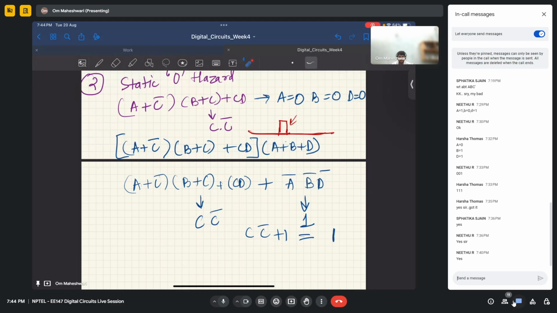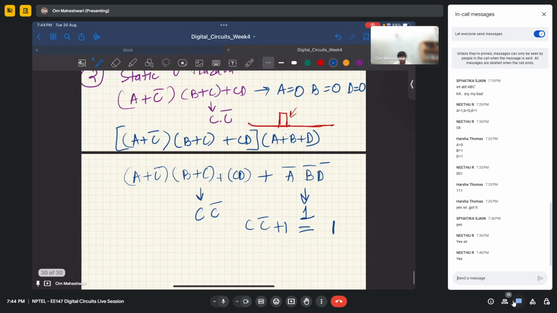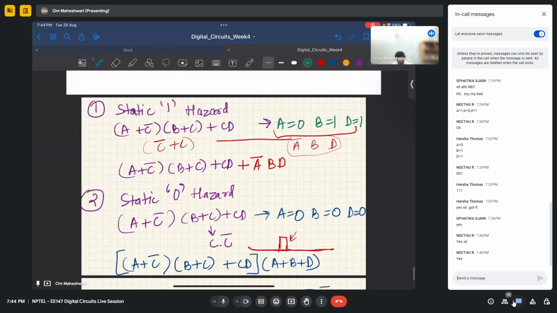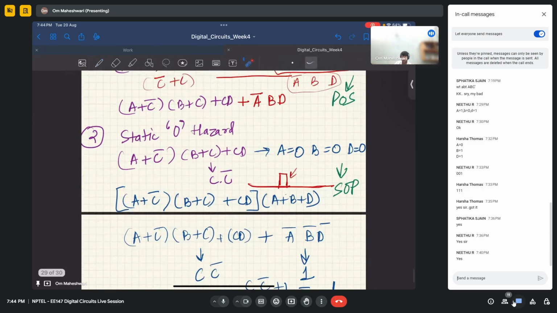So always for static zero hazard, we use POS form of that. For static one, it is SOP form. Alright, it is a very good deduction. We use POS for this and SOP for that because it is just the nature of the hazard itself, right?